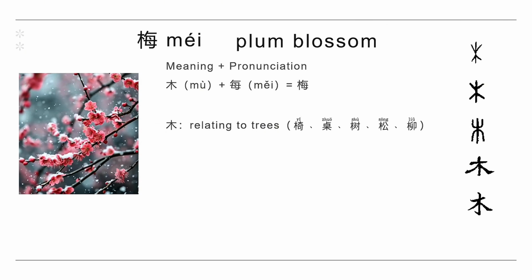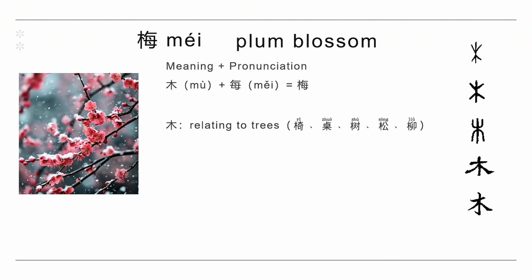Characters with 木 are often related to trees, whether it's items made of wood, like 椅 chair, or 桌 table, or the word for tree itself, 树, or for types of tree, like 松 pine tree, 柳 willow tree.